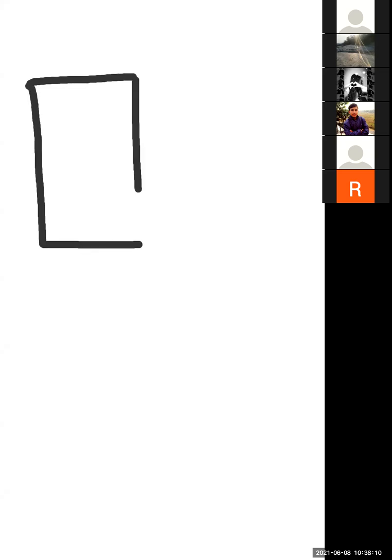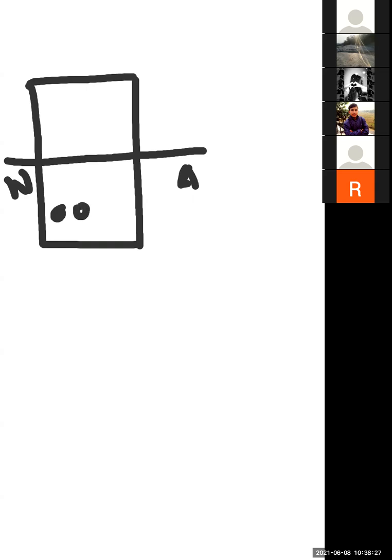Now, I draw a beam section here, and this is your neutral axis, and I also provide 4 bars here.